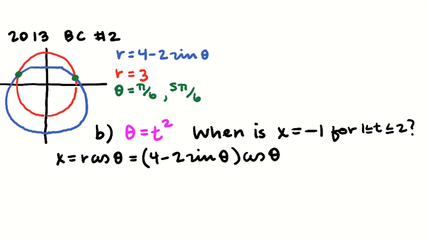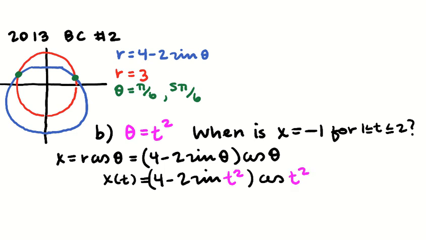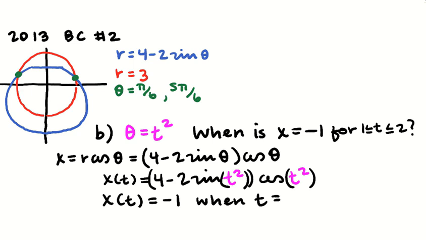So that means that x of t is 4 minus 2 sine t squared, times cosine of t squared. Right, well, we want to know where this is equal to -1. So I'll just say x of t equals -1 when t equals, okay, I highly doubt that we're going to be able to figure out a time by hand that that's going to work.